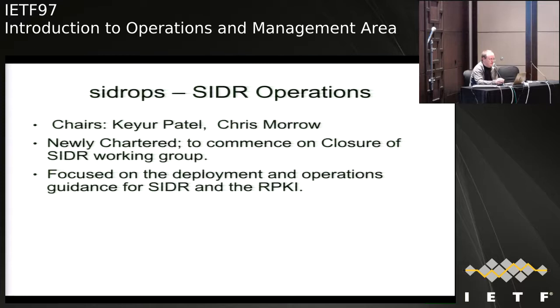And its operation has not yet matured significantly. So we needed a place where that stuff could cook. And so it starts with a whole stable of documents in intermediate stages related to the operation of various components of the RPKI.